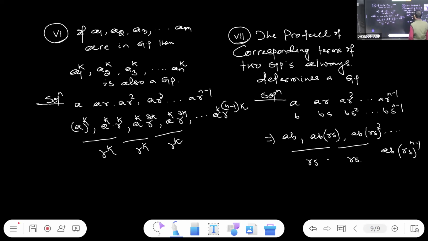Then come to property number 8. The ratio of corresponding terms of two GPs is also a GP.